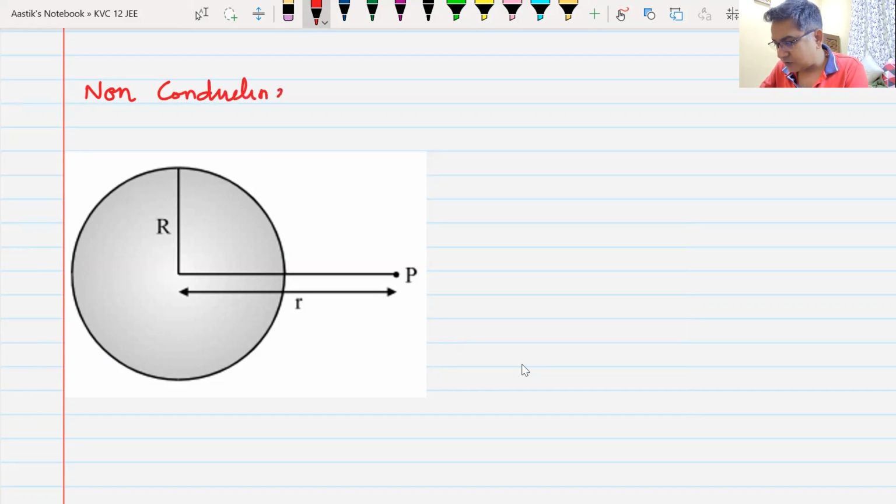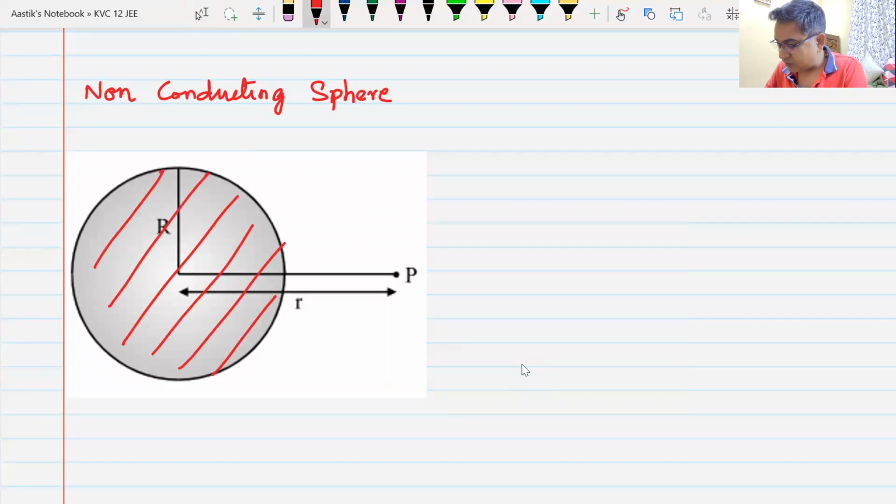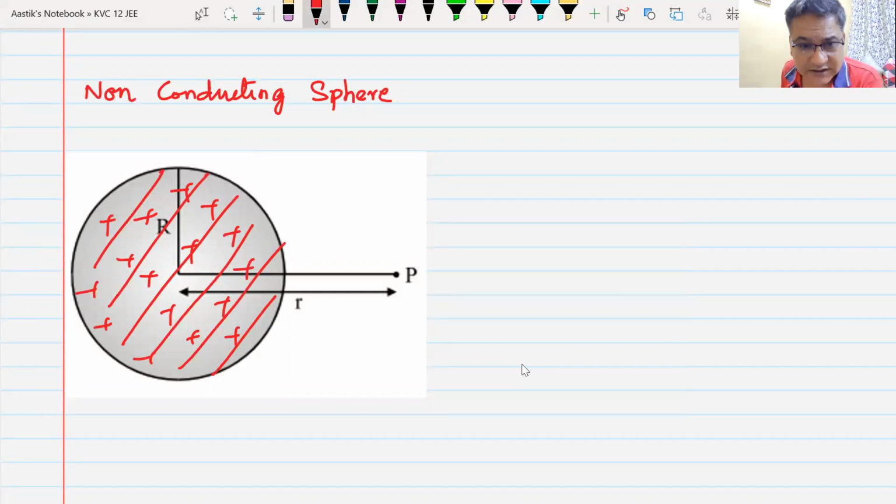I don't have to say solid because sphere is always solid. So we have charge inside the sphere as well. In the previous case, we only had charge on the surface of the sphere. Do we understand this? Yes, sir.